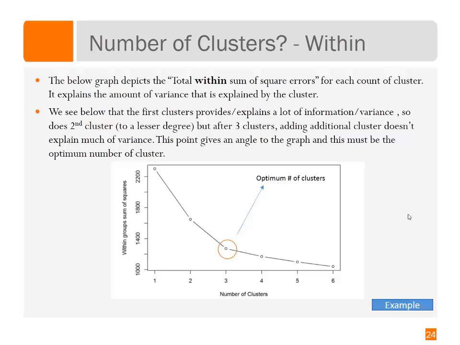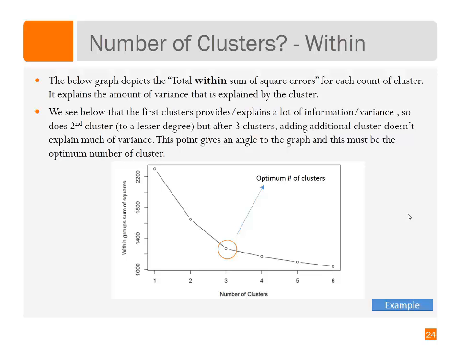So what we've represented for you here is a graph at the bottom that is depicting the total within sum of square errors. So that's a mouthful for sure. And we can bring this into a little bit simpler terms by saying, whenever we compare each of the measurements to the mean, the differences or the distance is expressed with the square errors.